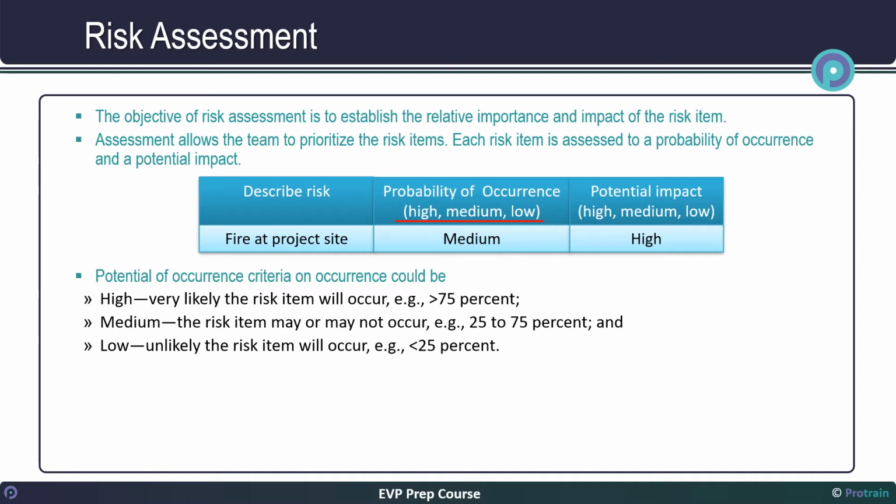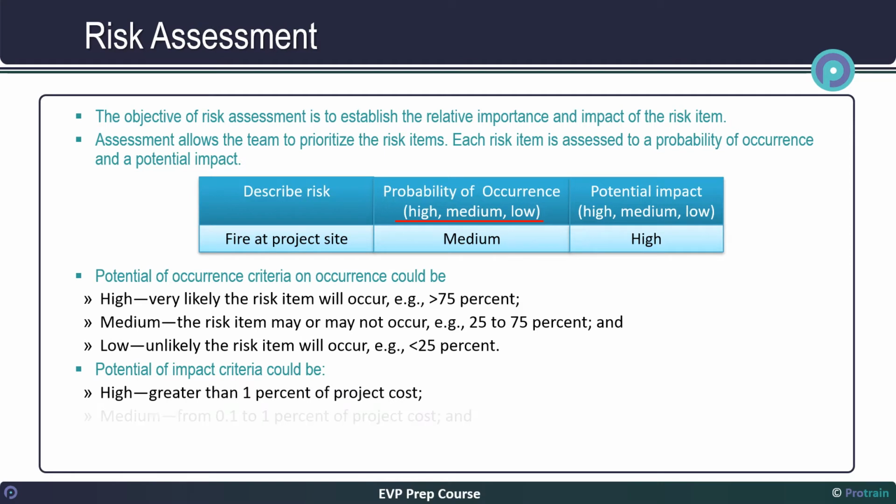Now let us talk about impact criteria. The risk plan should identify the impact criteria. Examples of potential criteria for impact are the following. High, greater than 1% of project cost. Medium, from 0.1 to 1% of project cost.